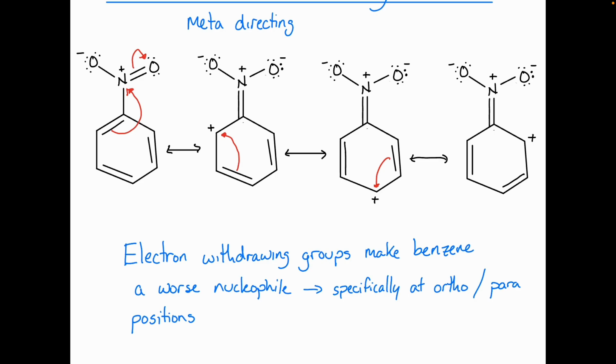Okay, so then let's take a look at two reactions here, side by side. Let's see if we can guess. I'm going to take benzene, regular old benzene. Let me copy and paste.